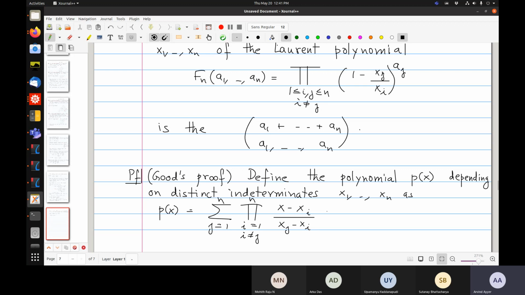So here an will not contribute anything, but when i is n and j is not equal to n, I have to take that into consideration. Right?